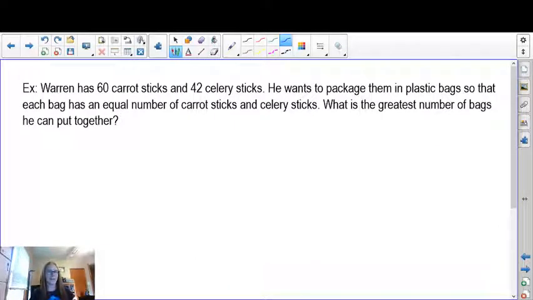Warren has 60 carrot sticks and 42 celery sticks. He wants to package them in plastic bags so that each bag has an equal number of carrot sticks and celery sticks. What's the greatest number of bags he can put together? Again, GCF, greatest common factor. What I would like you to do on this one is pause the video yourself, determine the GCF of the two numbers provided, and then compare your answer to mine.